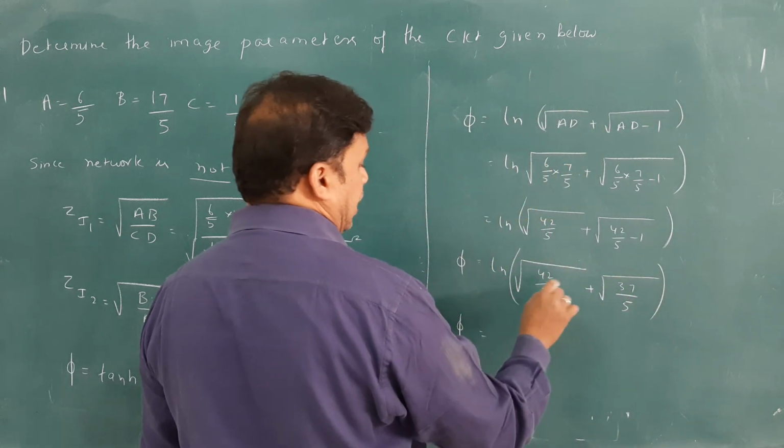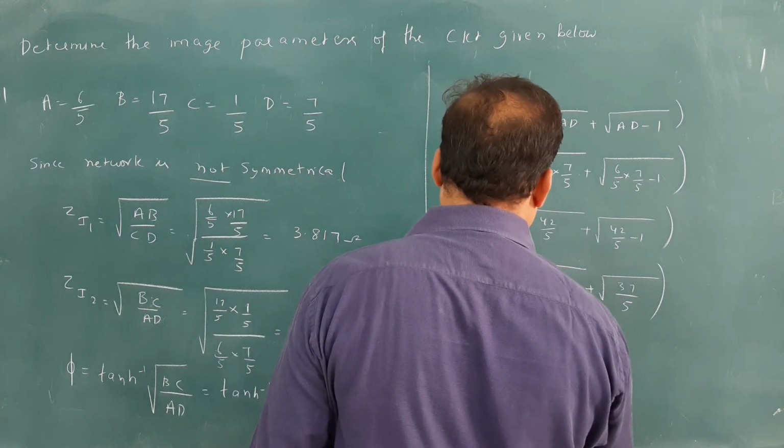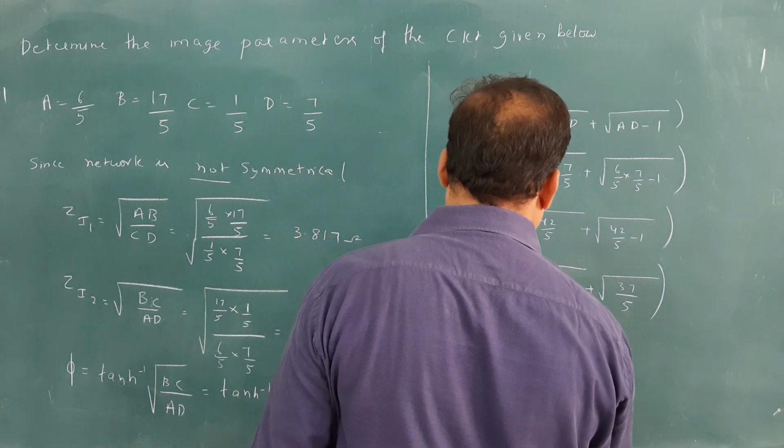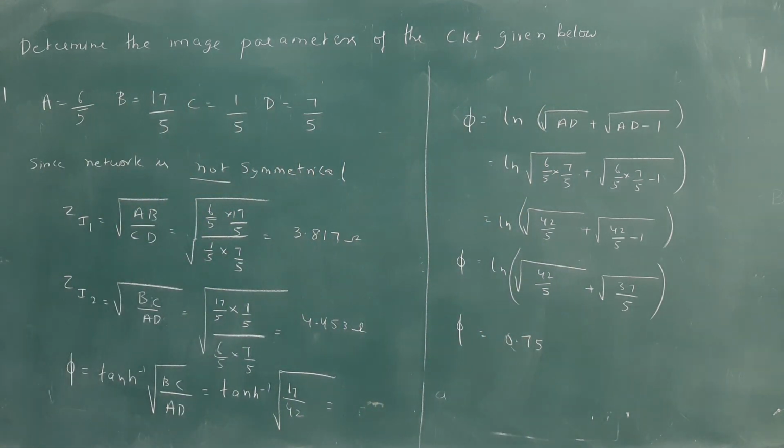So after calculation we get approximately 0.75. Phi is equal to 0.75.